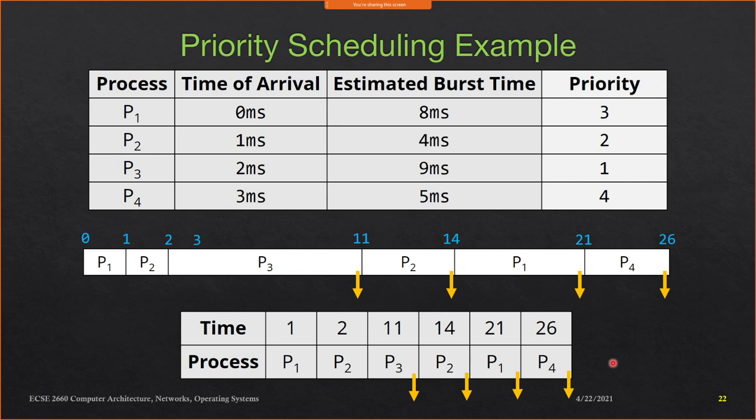Is this always going to be true? For a priority scheduling algorithm, will a higher priority process always finish first?